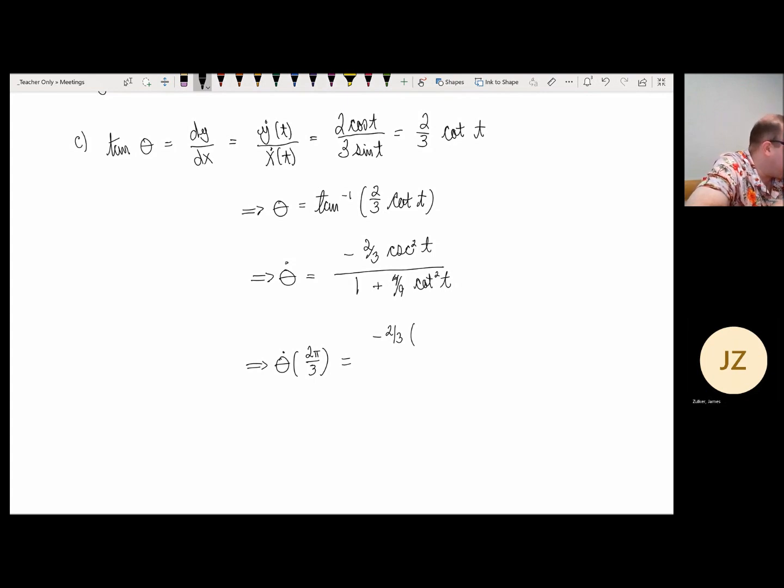The cosecant of 2 pi over 3 is 2 over root 3. So we're going to square that.